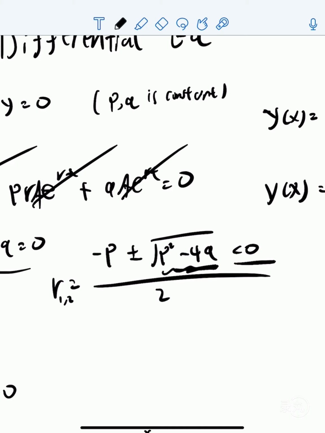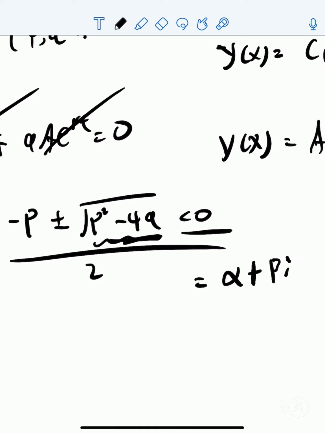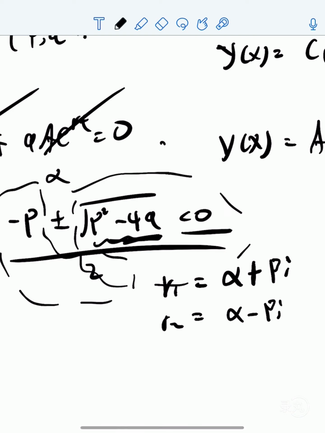We guess that we can represent it in complex form. So we can have something like this: alpha plus beta i, and the second root is equal to alpha minus beta i. This part is alpha, and this part is beta.